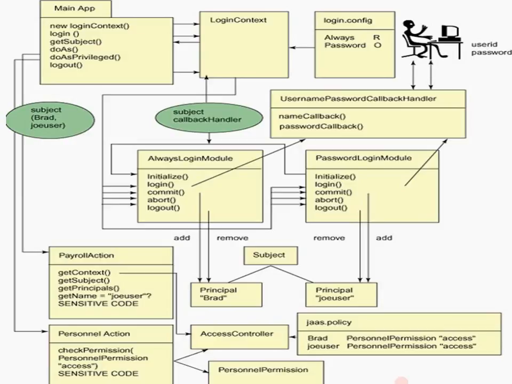We will see all this put together in our demonstration. There are configuration files required, that is the .config file as well as the .policy file. These files are required for applying permissions as well as login credentials.